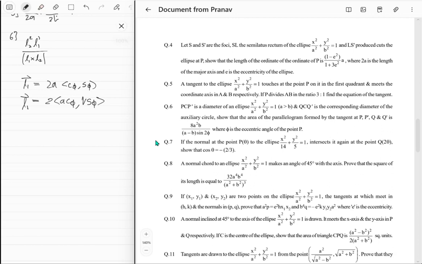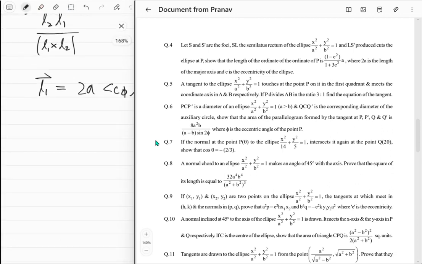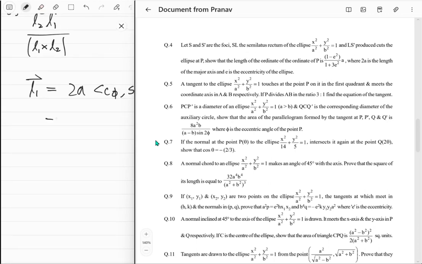What does the tangent make? What is the vector along the tangent? That's supposed to be negative cot phi. Now this will become negative cot phi times b upon a, of course, because y changed by b, delta y became b upon a delta y.